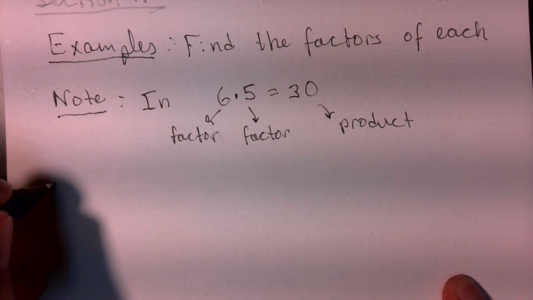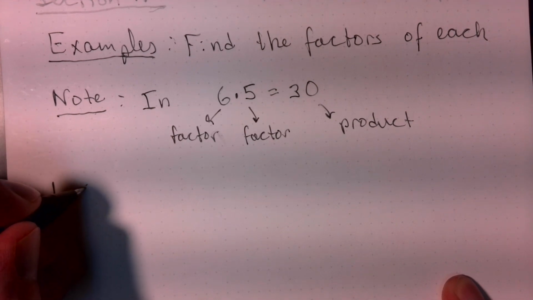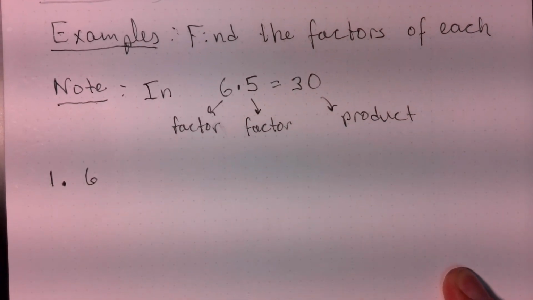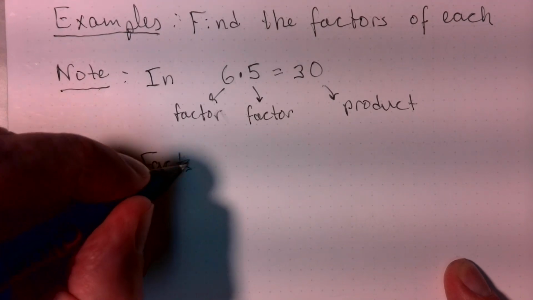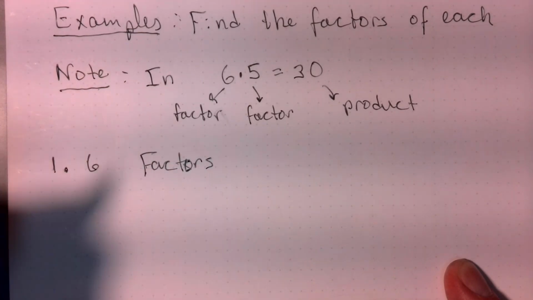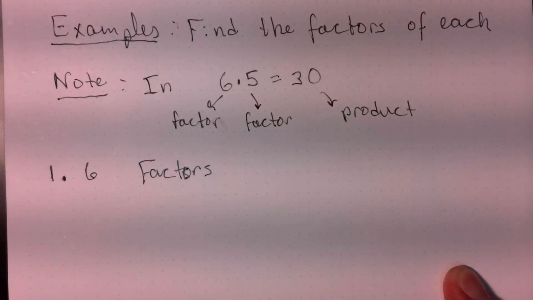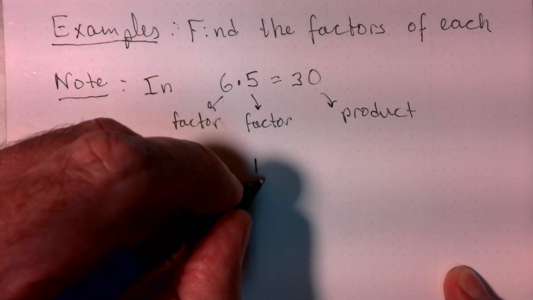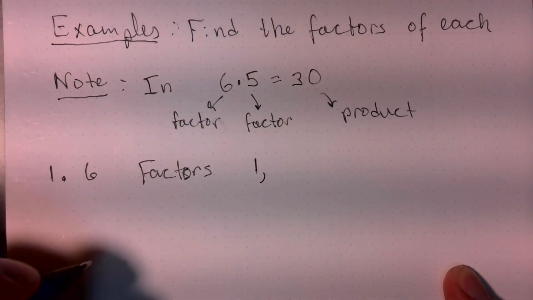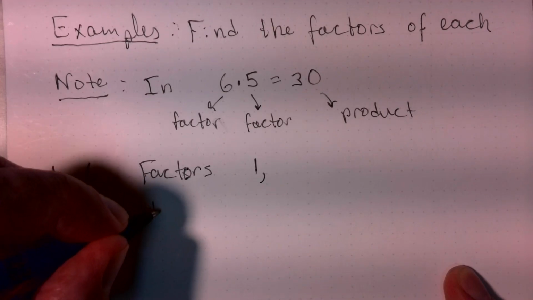Okay, let's start with a pretty easy example, 6. Now, when you're listing factors of a given number, you never find just one factor. Every factor always has a companion. Now, 1 is a factor of everything, right? Because we can write 6 as 1 times 6.